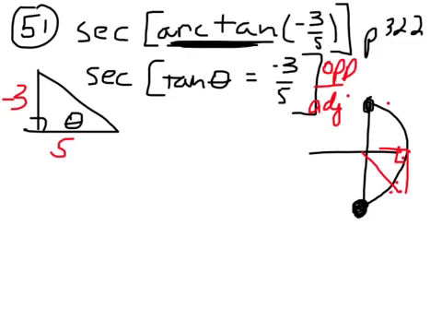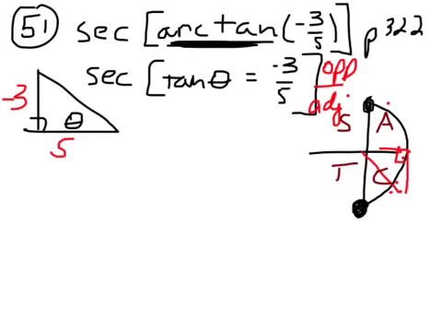Let me label them, though. All students take calculus. Down in that quadrant, the cosine is positive, so tangent and sine would be negative. I can kind of keep that in mind as I work here. What is this side over here going to be? Is this a 3, 4, 5?